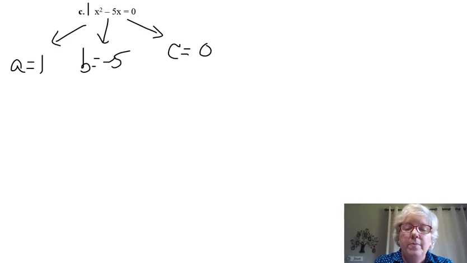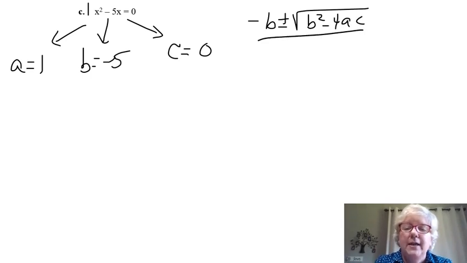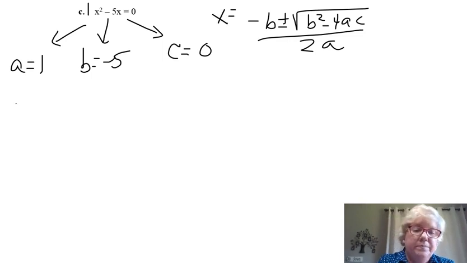Now let's use the formula again. -b plus minus square root b squared minus 4 times a times c all over 2a. That's that long formula. Now let's substitute in.